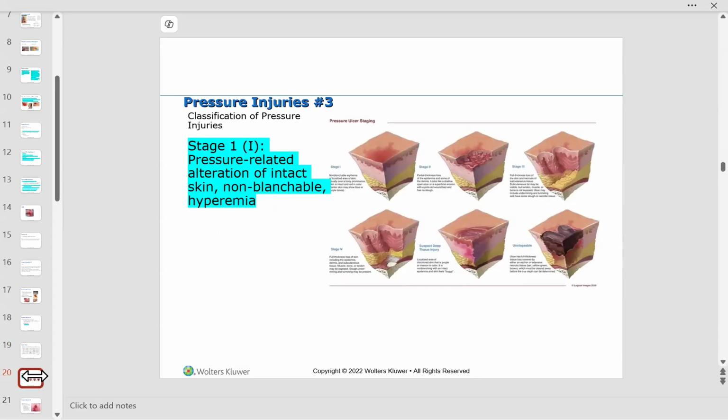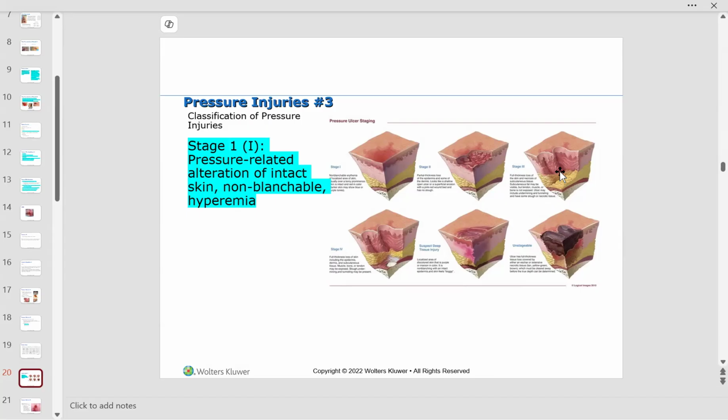Now, let's look specifically at pressure injuries, okay? So I'm going to show you stage 1. This is a stage 1. It's pressure-related alteration of intact skin. The skin is not open, and it's non-blanchable hyperemia, right? Superficial. It's reddened, okay? Stage 2, you have partial thickness loss. It's of just the dermis and epidermis, usually a little bit into the fascia.